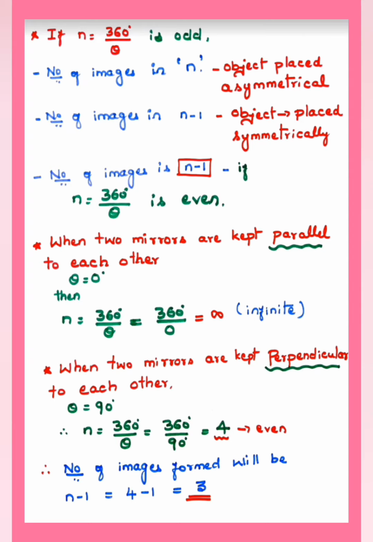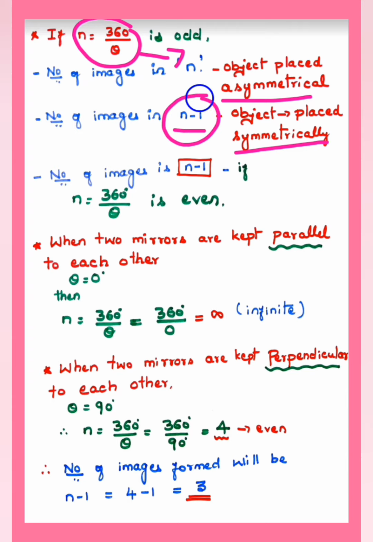It means the number of images is N only, whatever value you get, if the object is placed asymmetrically, if they mention anything about an asymmetrical object in the question. If they mention that the object is symmetrically placed and you got an odd number as the answer here, then you have to subtract 1, N minus 1. Okay, if it is symmetrically placed, N minus 1 from the obtained answer of N.